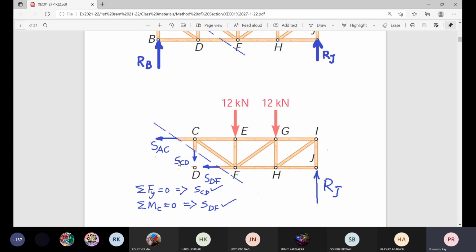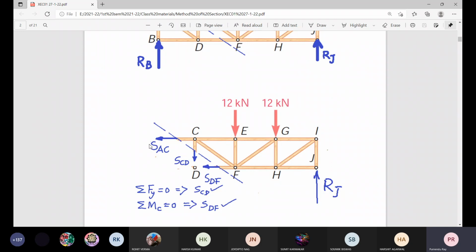Otherwise you can select clockwise positive, whatever you feel convenient. So SDF multiplied by this distance CD clockwise, then 12 kN multiplied by this 2.4 meter clockwise, 12 multiplied by 4.8 clockwise, and RJ multiplied by 7.2 anti-clockwise, and you solve it, get the value for the DF.